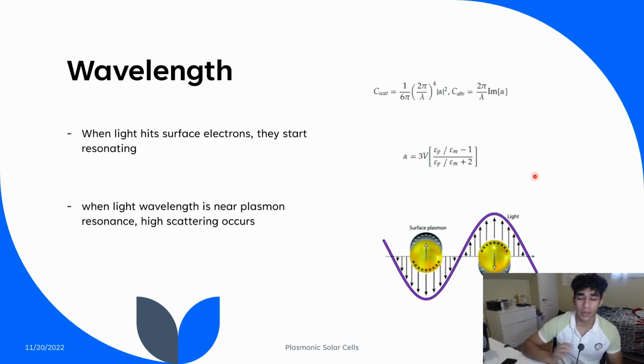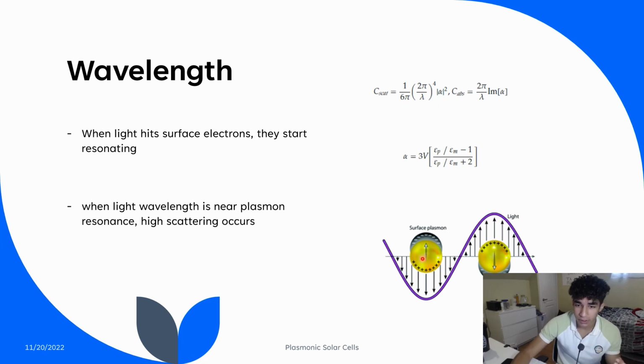Okay, so let's talk a little bit about the wavelength and why it's an important property. Basically, on a metallic surface, you have free electrons, and these are called surface plasmons.